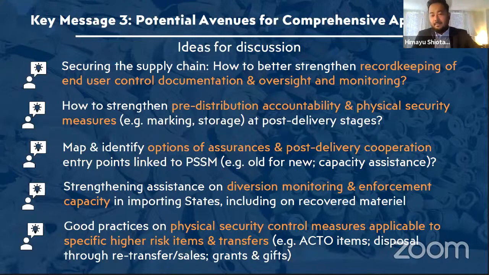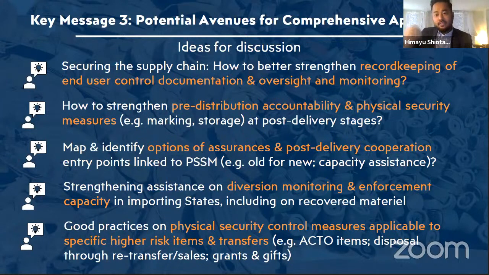Second, pre-distribution accountability measures. What do we mean by this? What we found in our research is that there's a lot that states already do pre-transfer, and there's a lot that states already do when the item is received at the country.